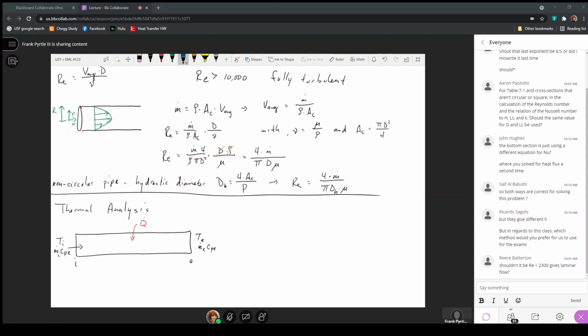So if I draw a control volume around all the fluid that's moving into the pipe, again, the fluid comes in with some enthalpy and leaves with some enthalpy, such that any difference between the two would be whatever came in or went out.